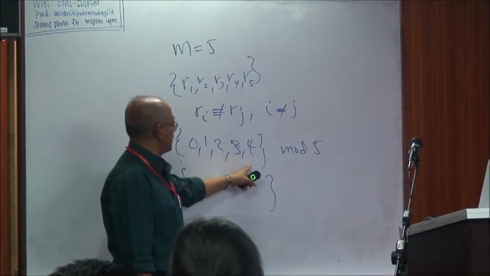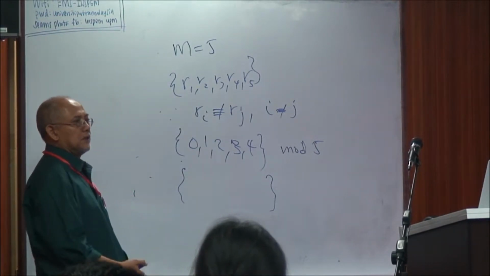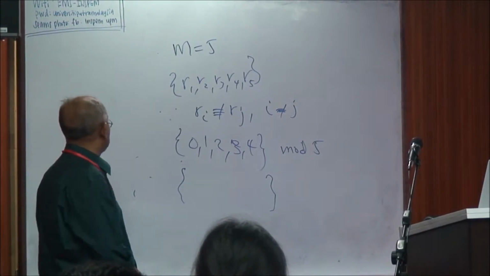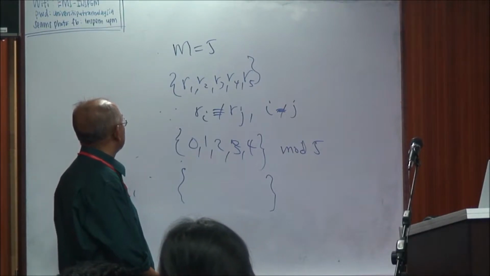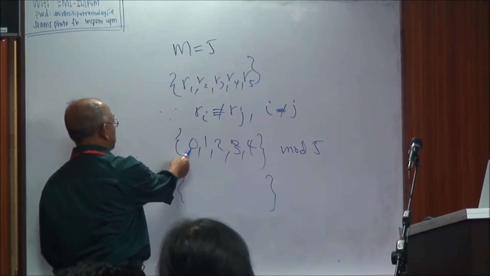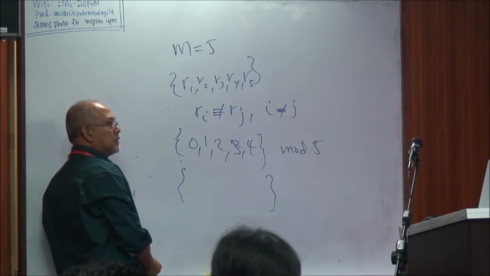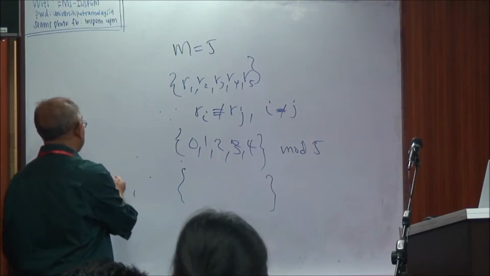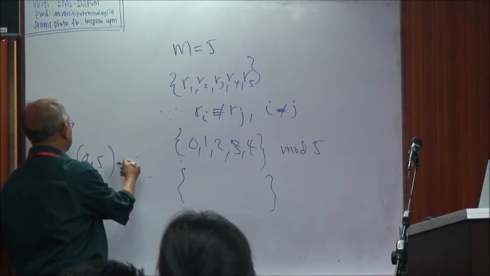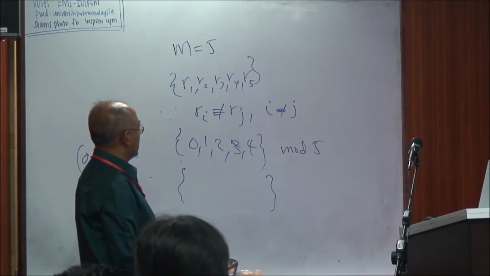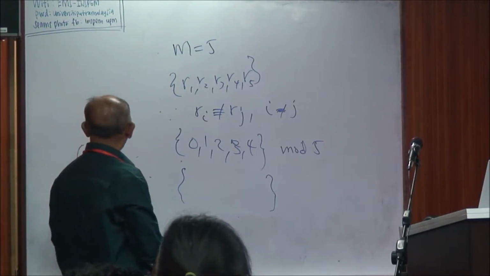Looking at these five integers, we can identify which ones are relatively prime to 5 and which are not. Is 0 relatively prime to 5? What is the GCD of 5 and 0? We have discussed this. It is 5. So definitely 0 cannot be inside the set, because the GCD is not 1. What about 1? Yes.